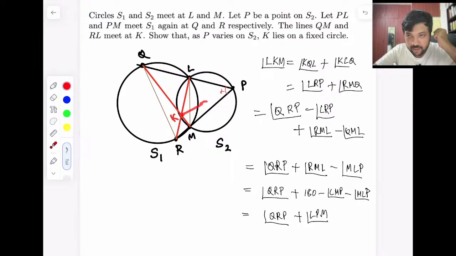You join PK. Okay. I'm wondering what's wrong with mine though. Let me go over it carefully. I think I should also get it. It's just some standard angle chasing. LKM is KQL plus KLQ, exterior sum, which is correct.